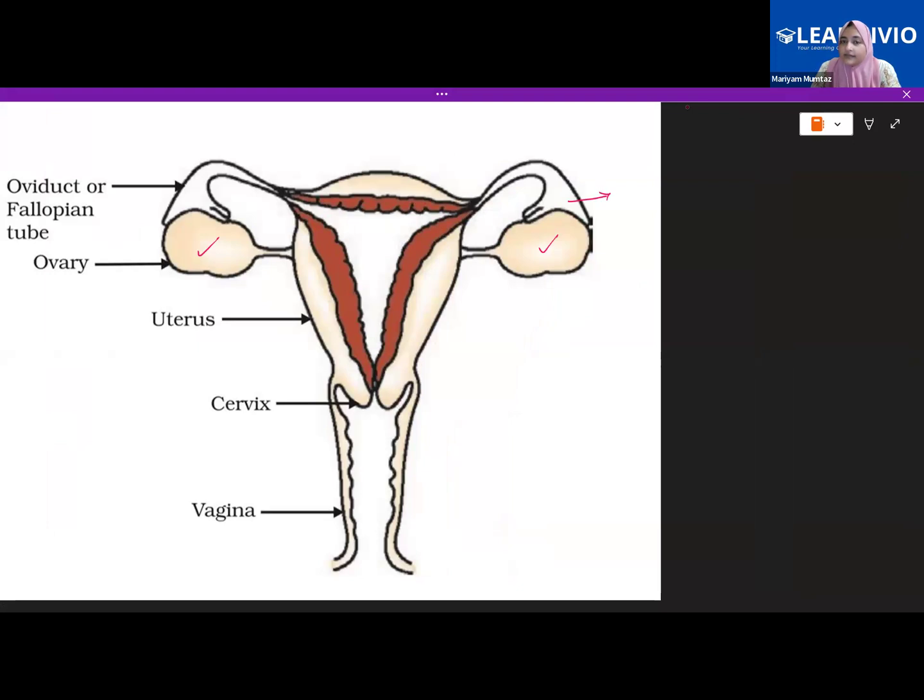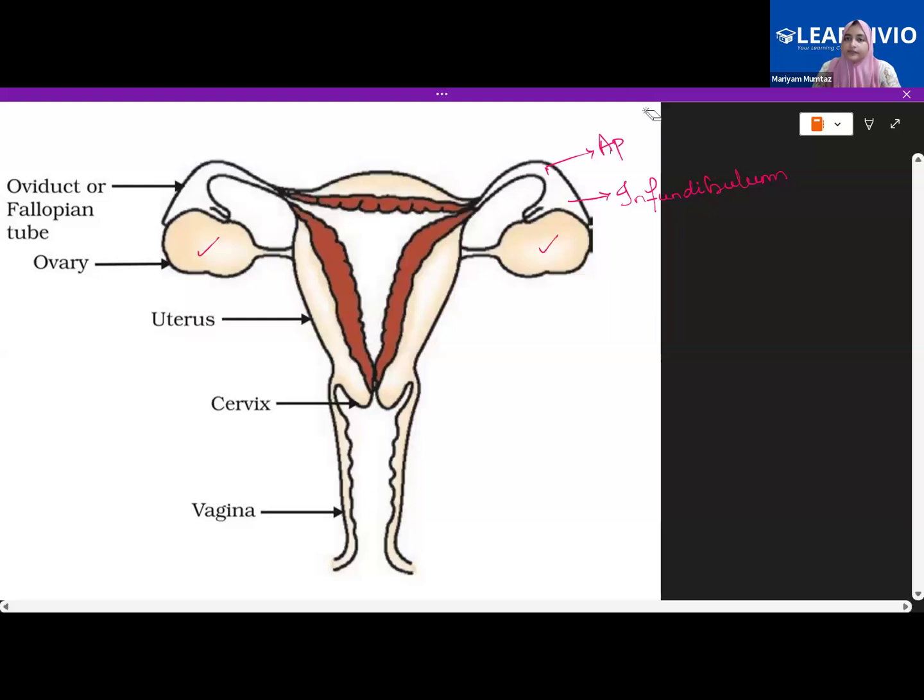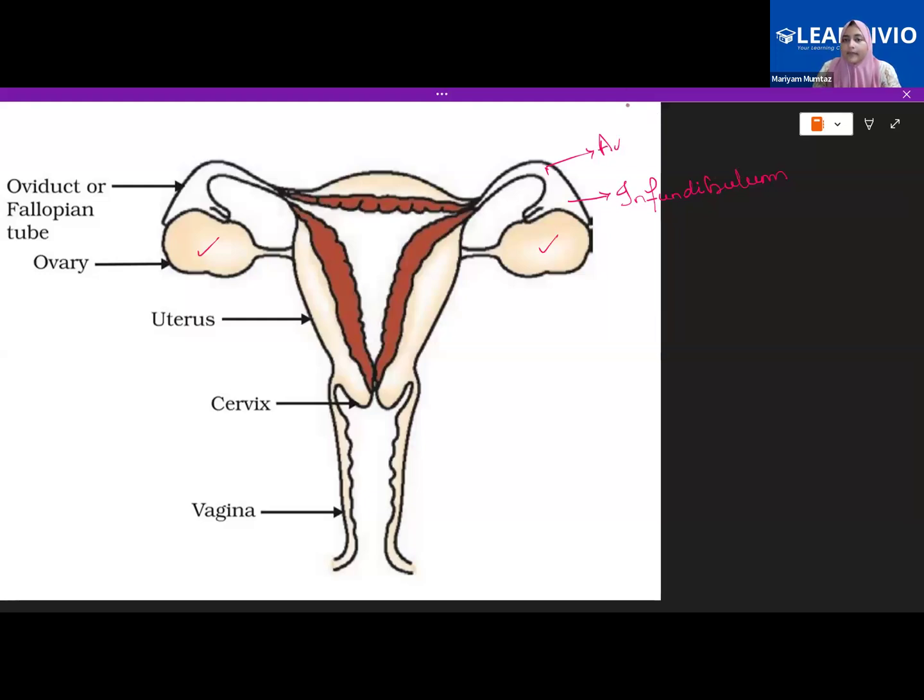This is called the infundibulum. Okay, then there's the ampulla. And we have the isthmus. Okay, so three parts are there in the case of the oviduct.